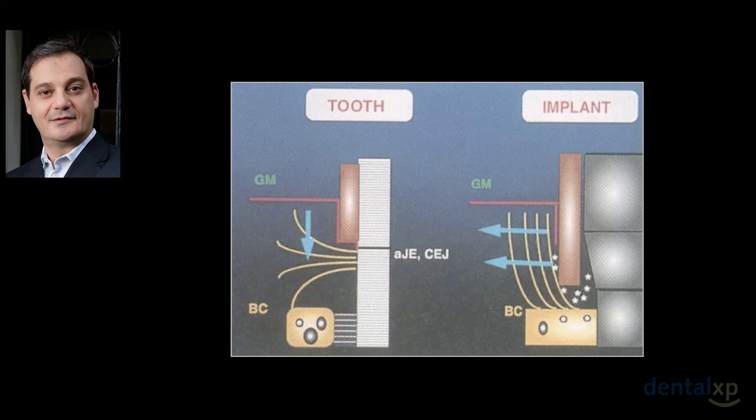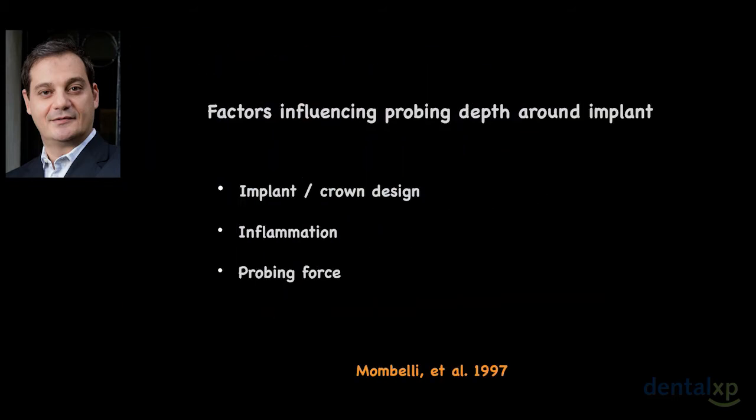And if you look around an implant, those fibers are not there, and the probe will go all the way up to the bone, 0.2 millimeter. So this is a very important fact, and that fact is still valid till today. And that's why it is very controversial when we talk about probing around an implant.